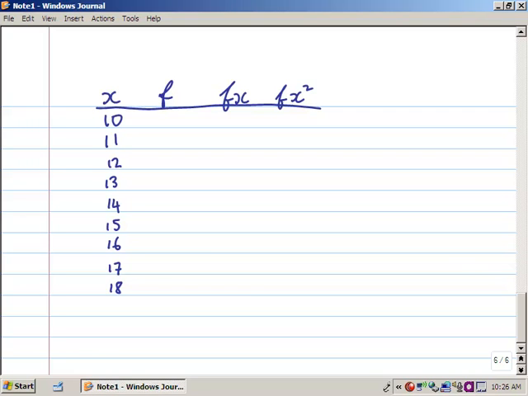Frequencies of each of these: we have one 10, one 11, six 12s, six 13s, one 14, two 15s, and one each of a 16, 17, and 18.